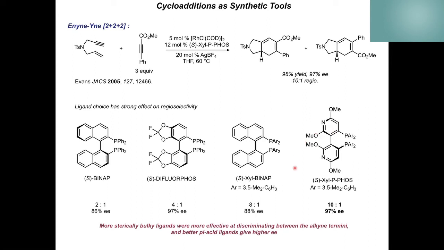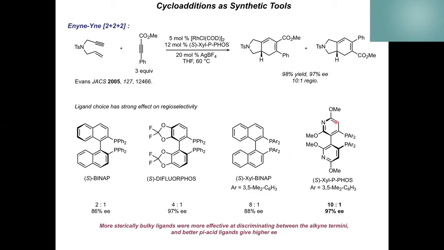But I really like this example because it emphasizes what we ought to take into consideration: that electronic effects in the polarization of those transition states can also be used as a factor to enhance enantioselectivity.